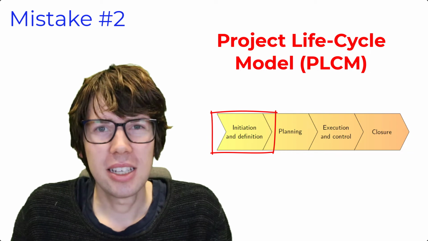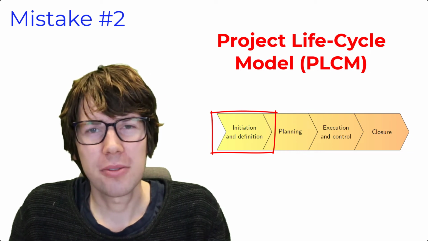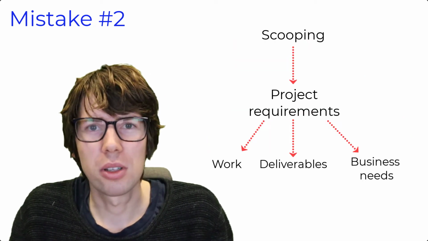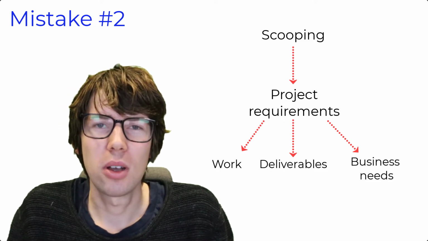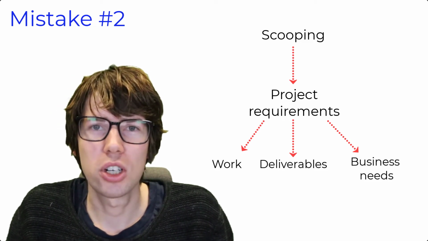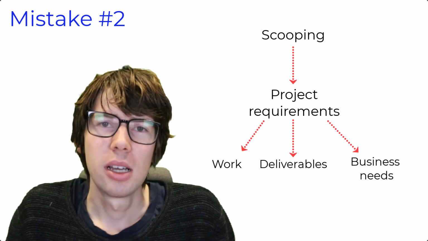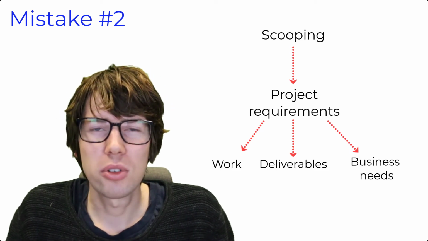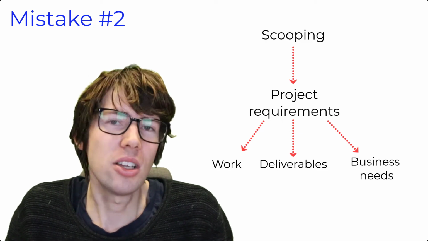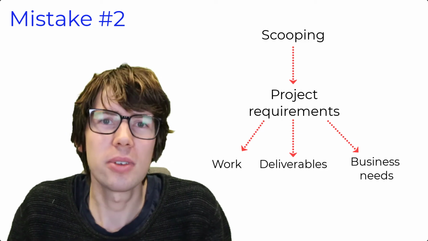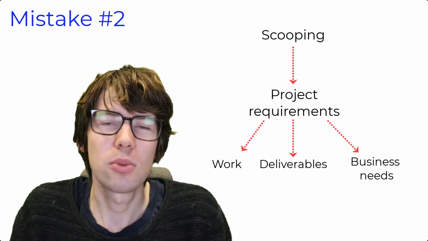Now for the uninitiated, initiation and definition, that's a phase where you do a process called scoping. And scoping is a process where you're trying to establish what the project requirements are. Project requirements is mostly 3 things. It's a description of the business needs, like why are you doing this project, what's the purpose of it, what caused you to do this project.